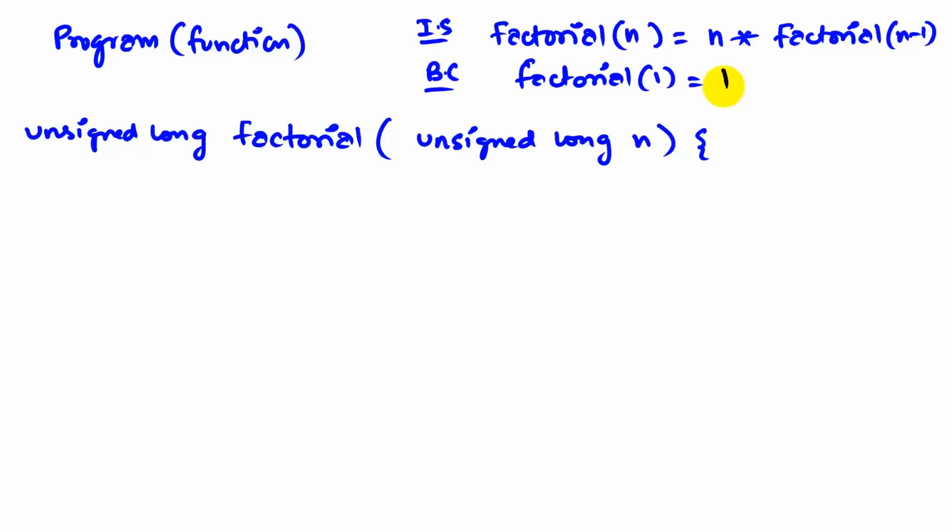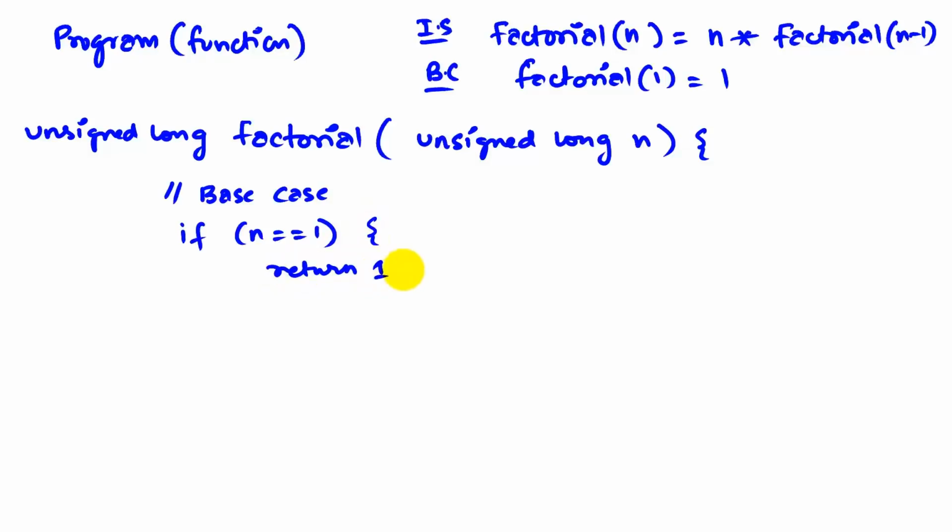So let's translate this into code. The way I would write the code is I would first take care of the base case. My base case says if n equals 1, then I'm just going to return a 1.